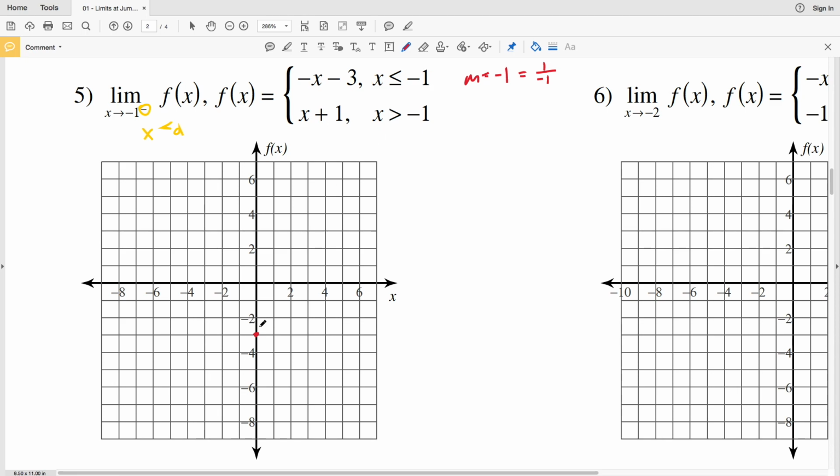And right now we're at x equals 0, so we know this point is not included in this piece. So let's use our slope to find a point that is. So going up 1 in the rise and over 1 in the x, we'll get to x equals negative 1. And when we're at x equals negative 1, we're at negative 2 for f of x, and x is included in that.